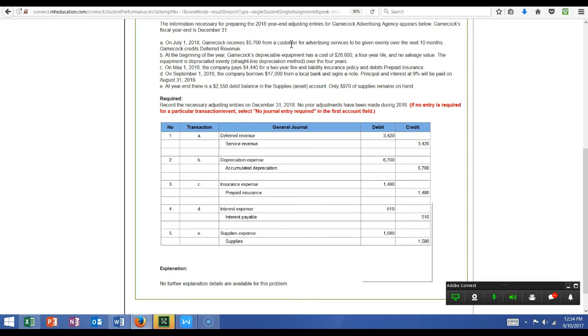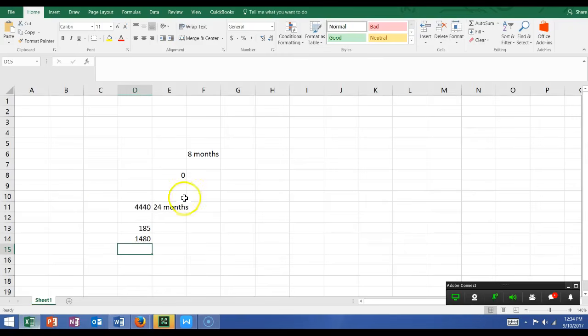And then why is it $1,480? As you look here, our insurance was $4,440 for a 2-year policy. A 2-year policy means 24 months. So if we take the $4,440, divide that by 24 months, it means our insurance is $185 a month. We took this out on May 1st of this year, which means May, June, July, August, September, October, November, December.